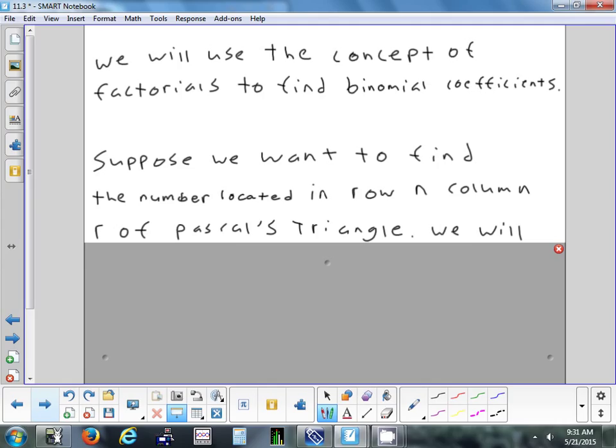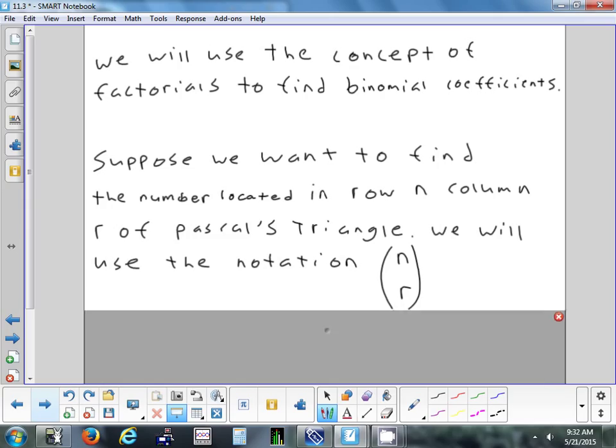For example, in the triangle, if you wanted row 3, column 2, you go down, that's row 0, row 1, row 2, that's row 3, and column 0, column 1, column 2. We always start with the 0th row, 0th column. So 3 is the number in row 3, column 2.